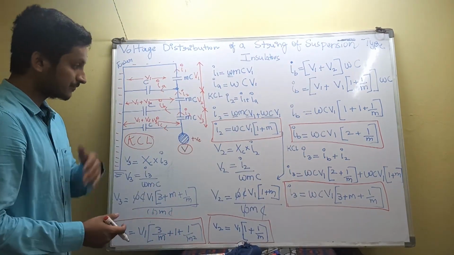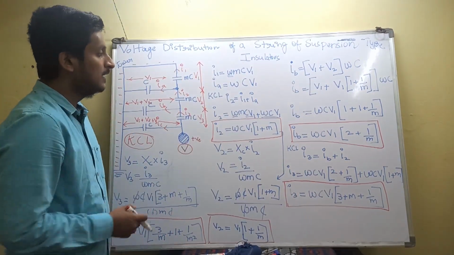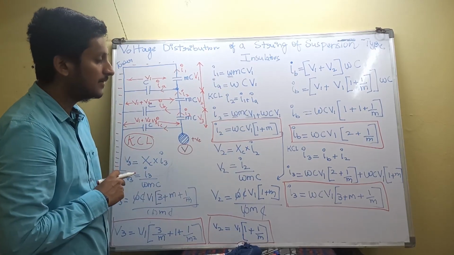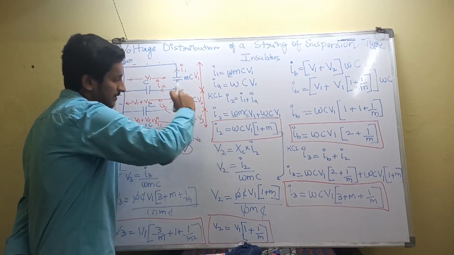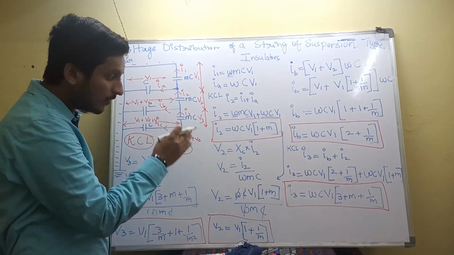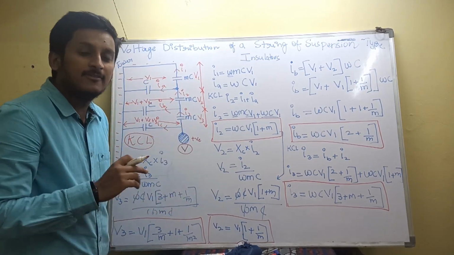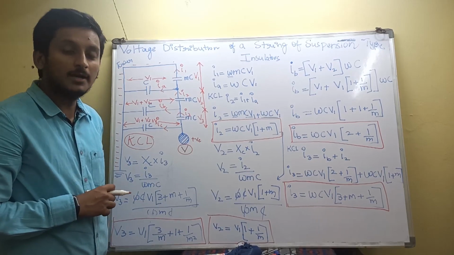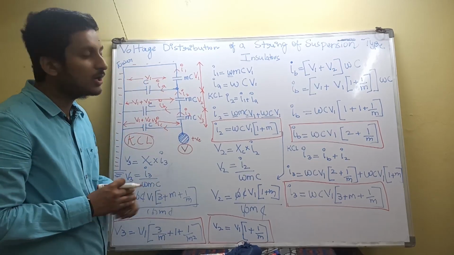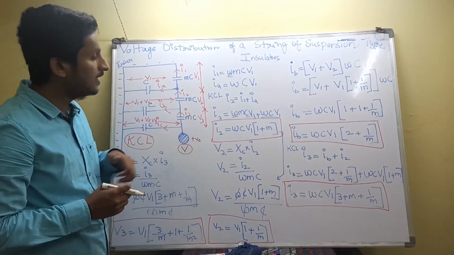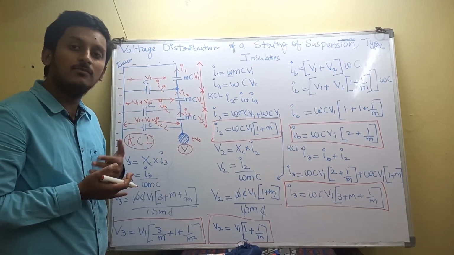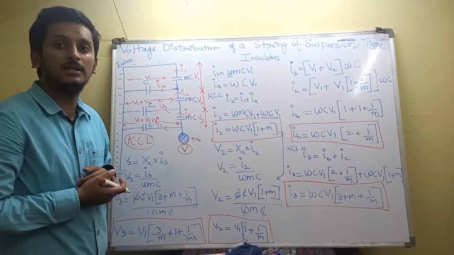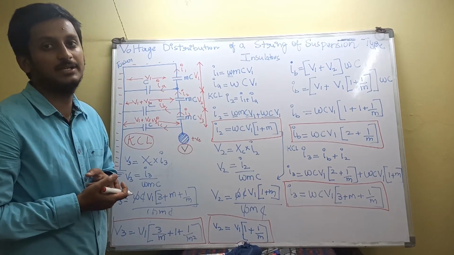So from all this you can see that V1, V2, V3, the three voltages, are different now, but they should be equal. Why? Because as it is an 11 kV disc, the voltage distribution should be equal. If it is not equal, there are some losses in it.